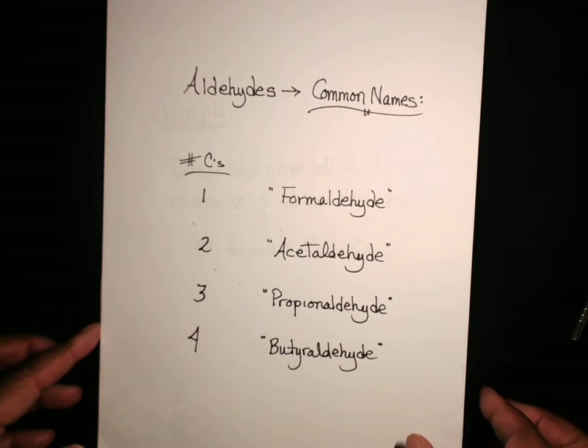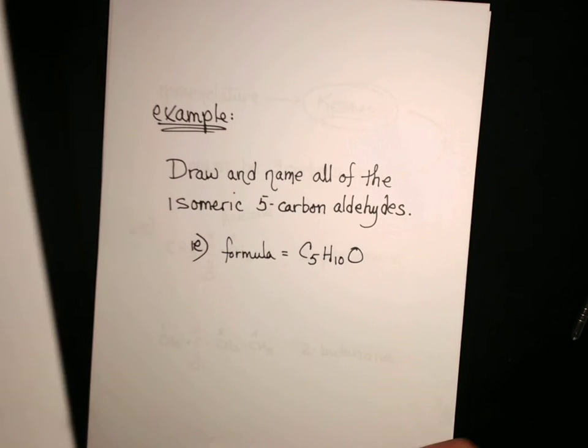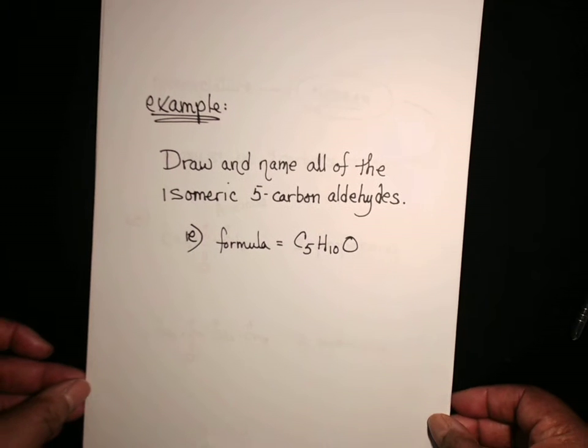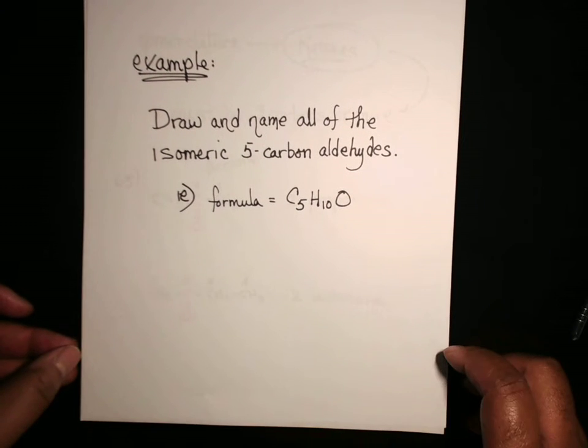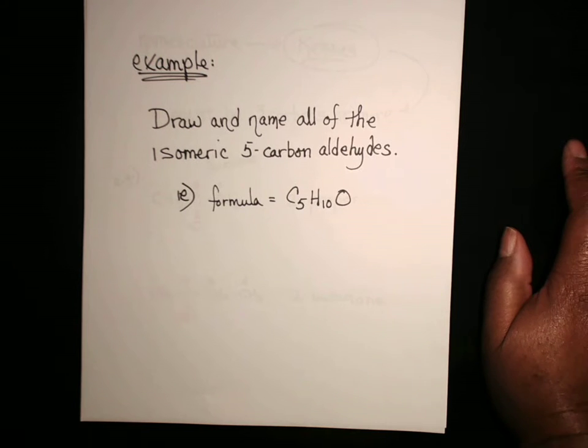Now, I have an example that I want you to think about. I would like you to try to draw and name all of the isomeric 5-carbon aldehydes. So again, let me translate.